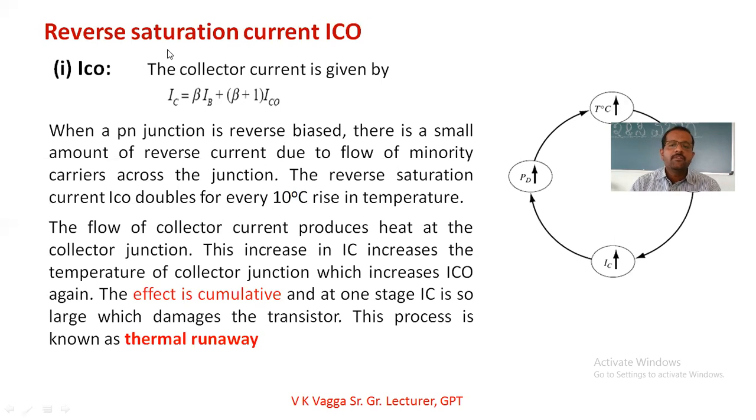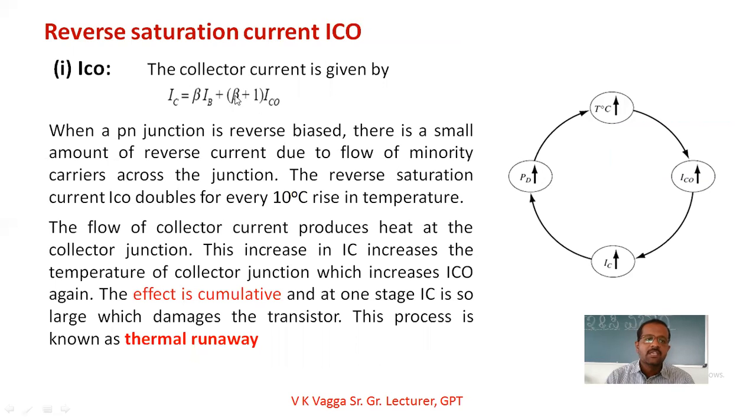Okay, suppose we consider the change in the output current with respect to the reverse saturation current. The collector current is given by IC is equal to beta into IB plus beta plus 1 into ICO.